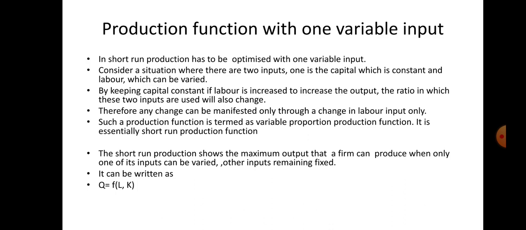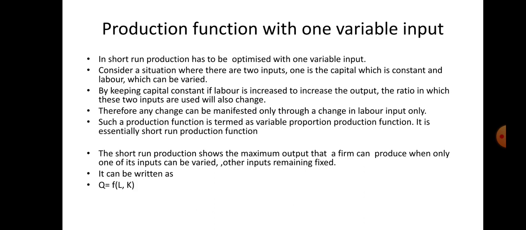By keeping capital constant, if labor is increased to increase the output, the ratio in which these two inputs are used will also change. Therefore, any change can be manifested only through a change in labor input. That is why this is called production function with one variable.